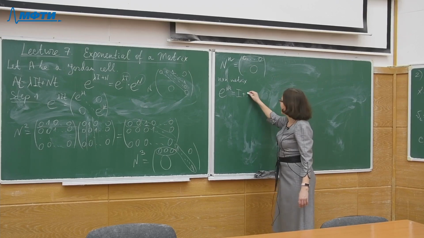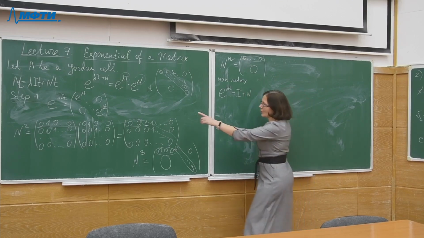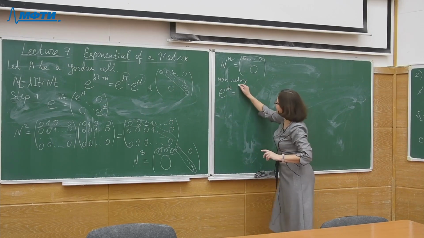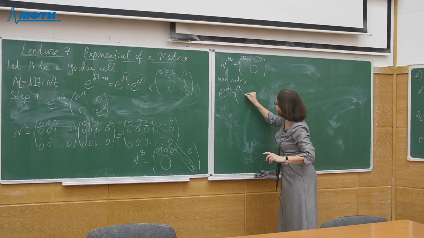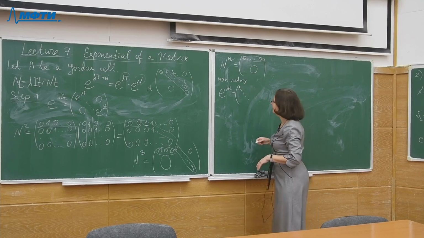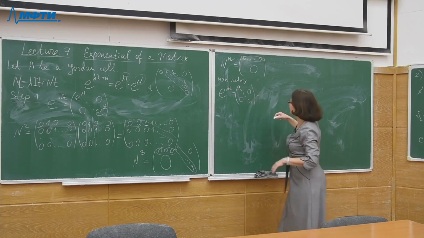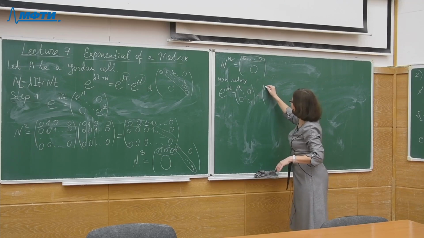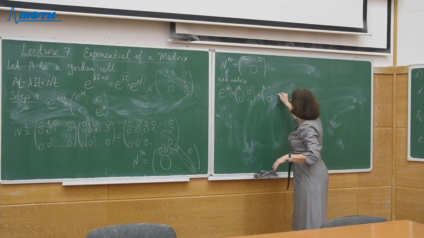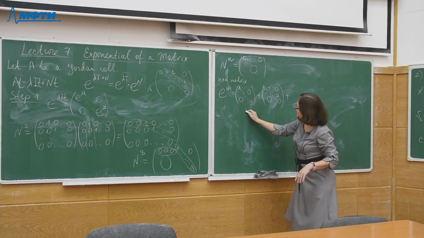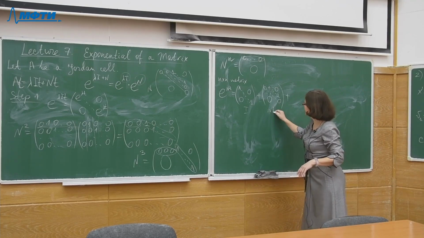Next, nt. So the matrix of that form. I will write. So the identity matrix first, plus. Then the matrix of the form 0, 0, 0, t and zeros. So this is I, this is nt.